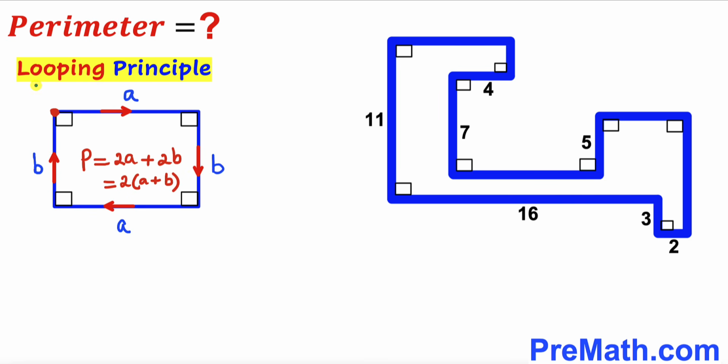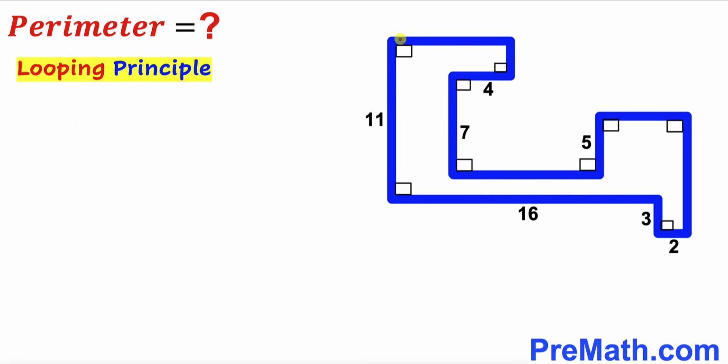And now we are going to apply the very same looping principle on our given problem to make our job simple. So therefore, let's assume that this is our starting point and we are going to create a loop.